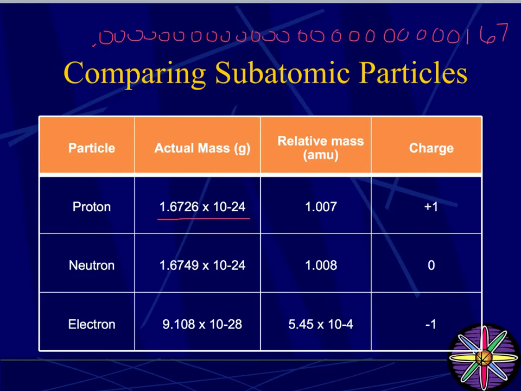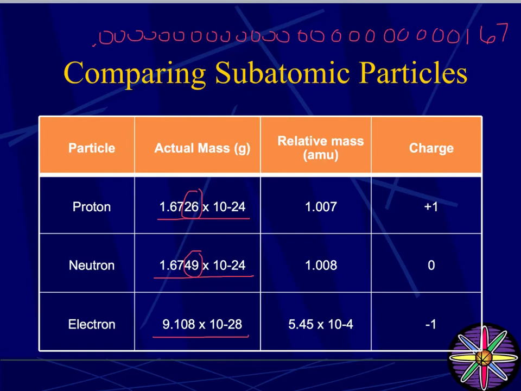If you look at a neutron, it has almost the exact same mass, except for these last two numbers are a little bit different. So if you notice that with a neutron, it's probably just a tiny bit bigger. But let's look at an electron. That's to the -28. That's still 4 more decimal places over, so that's even tinier.